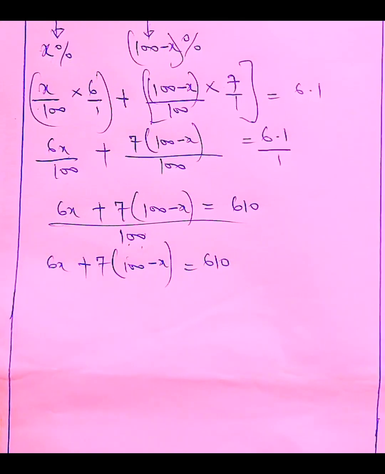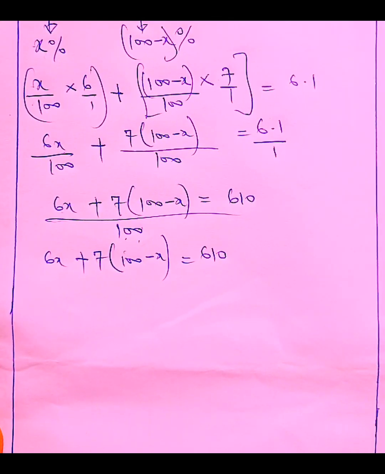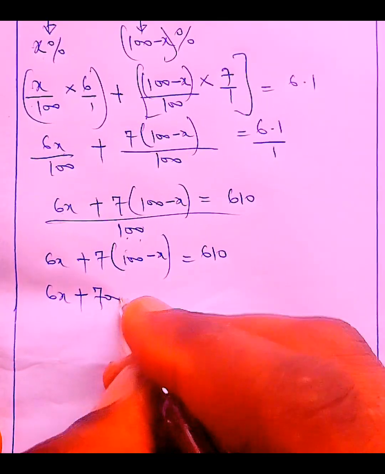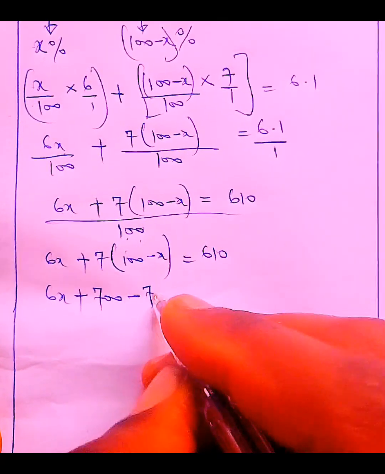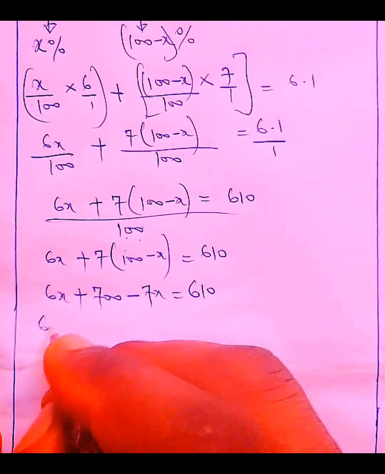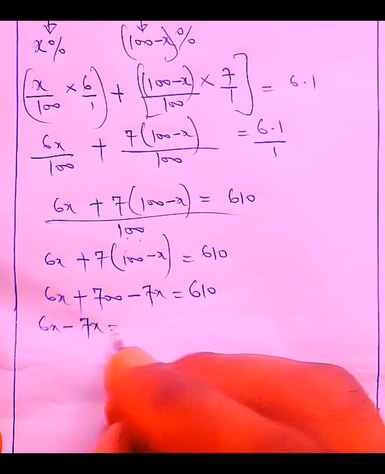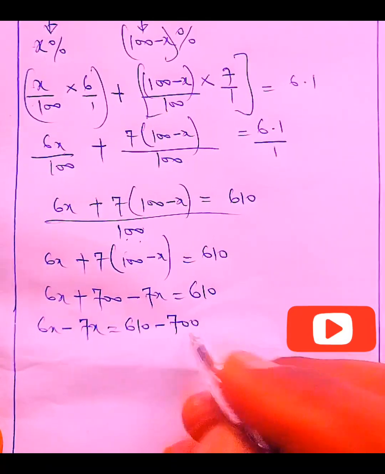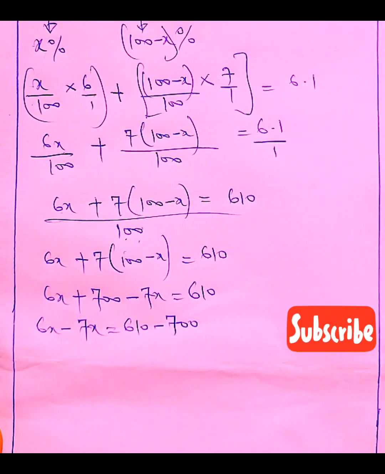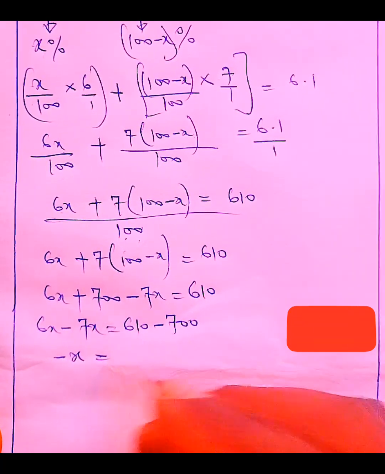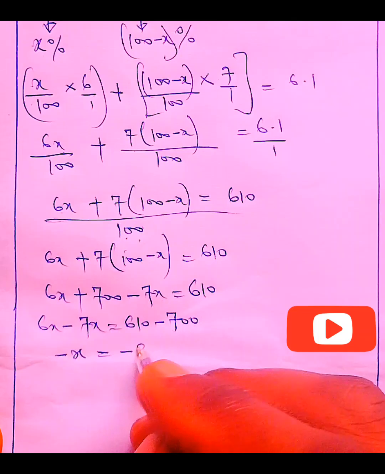We're very close to getting the value of x. So that's 6x plus 7 times this is 700, and 7 times x is minus 7x, equal to 610. So 6x minus 7x equals 610 minus 700. So what do you have? 6x minus 7x is minus x. 610 minus 700 is minus 90.